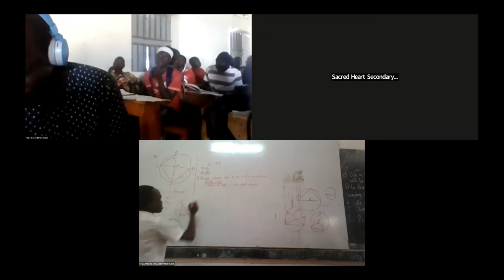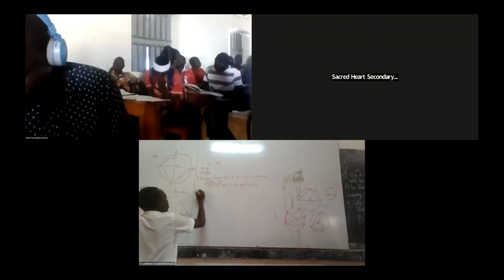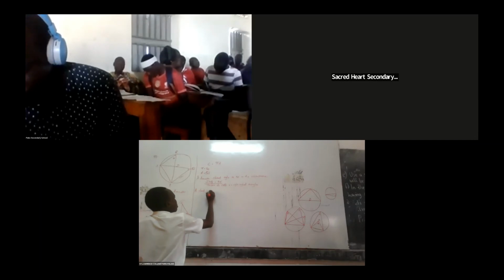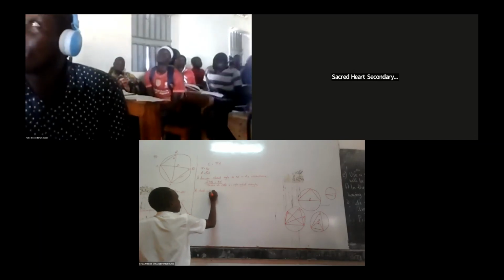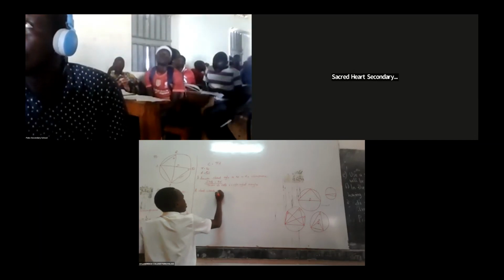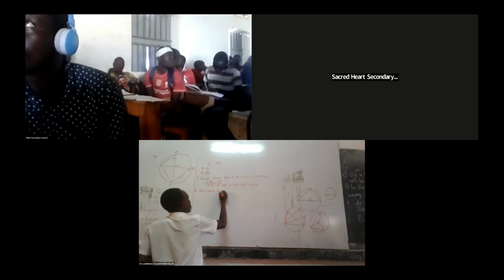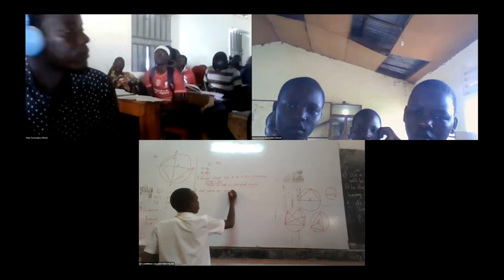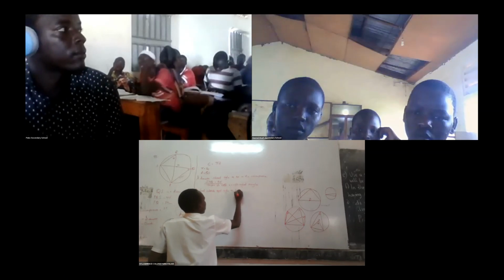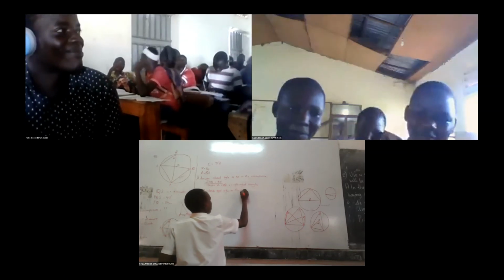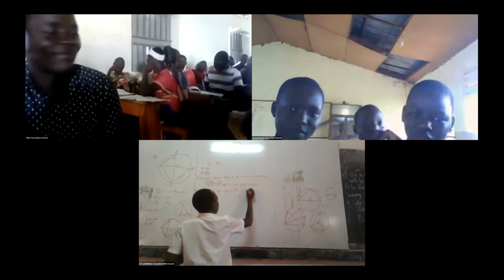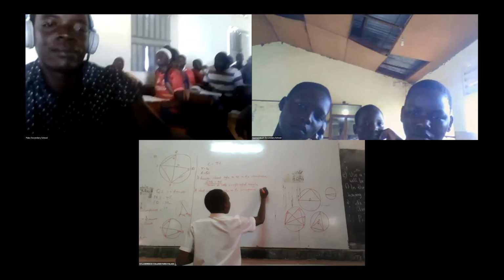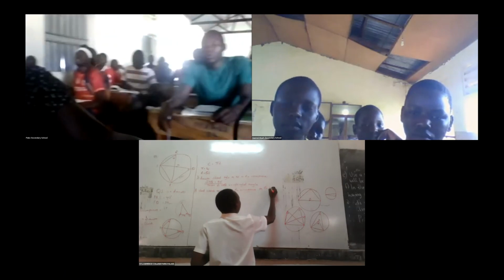The next property says that a chord subtends equal angles at the circumference of the circle.